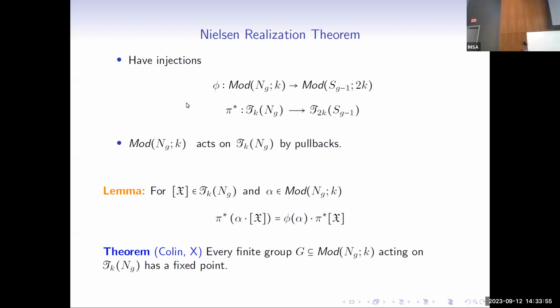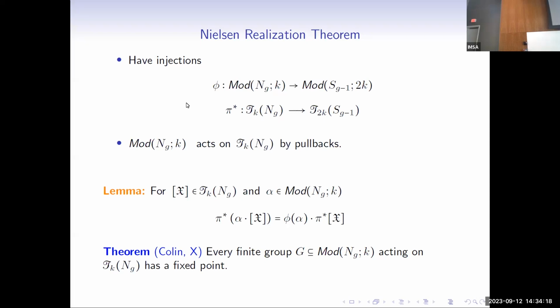So we know how these maps behave among themselves, and we can use this relation to show that every finite group of the mapping class group of the non-orientable surface acting on the corresponding Teichmüller space has a fixed point.